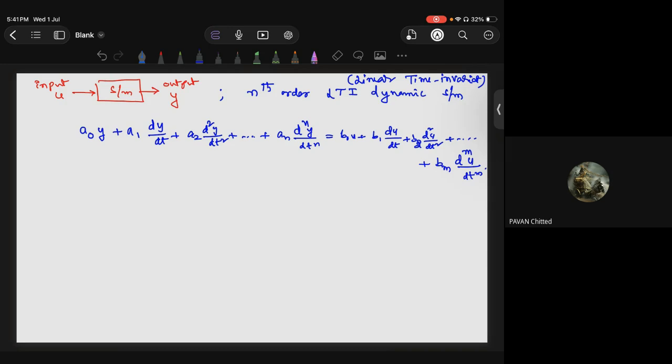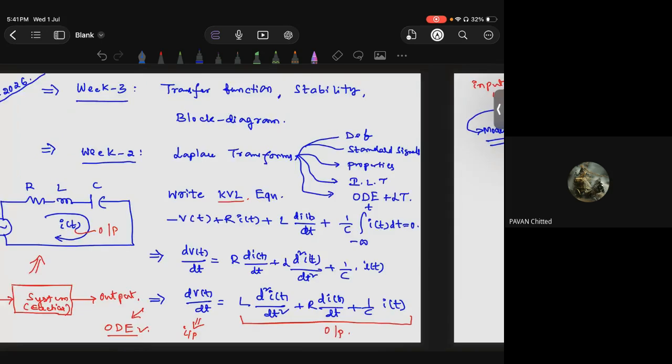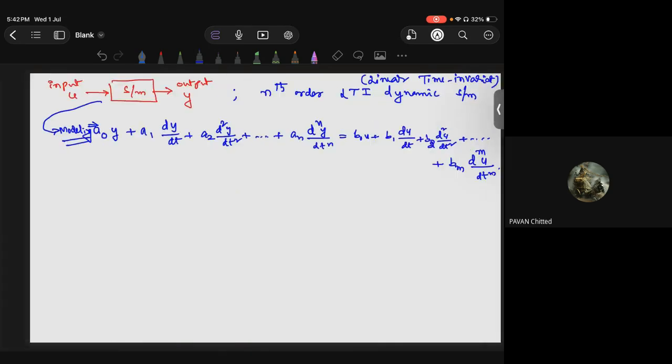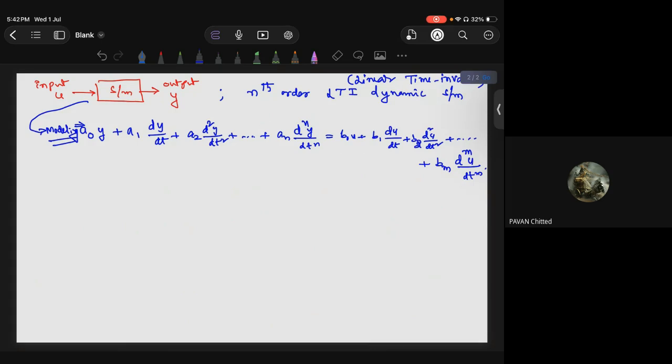Once we write the modeling equation for that system, considering input u and output y, applying KVL in an electrical circuit, or applying Newton's laws if it is a mechanical system, we get this general differential equation.